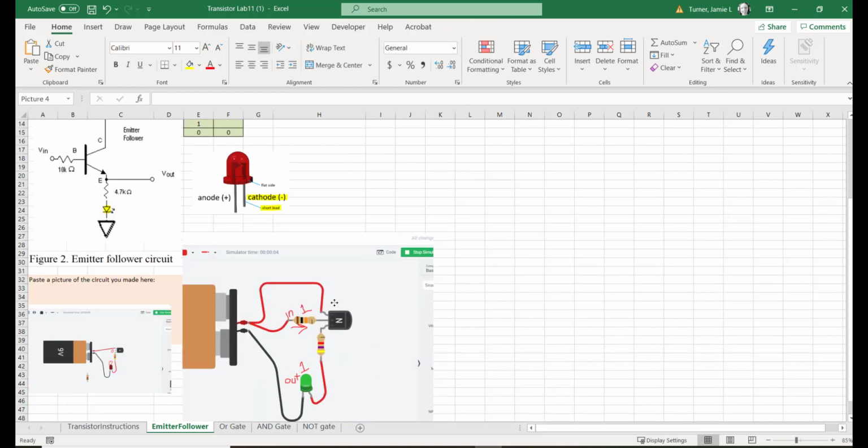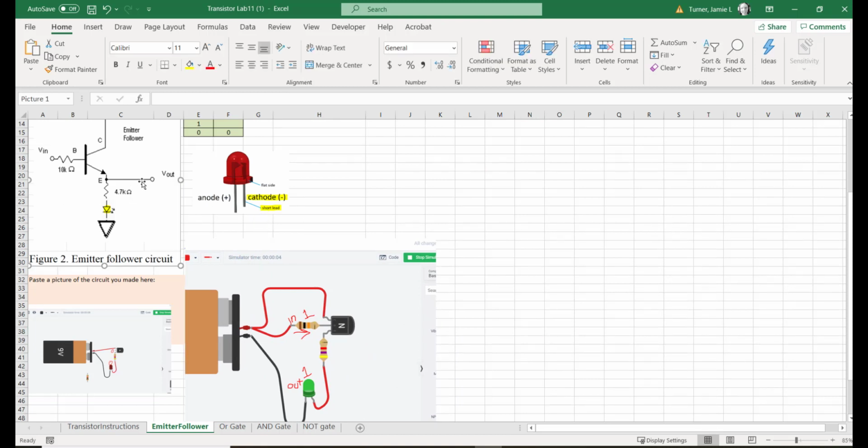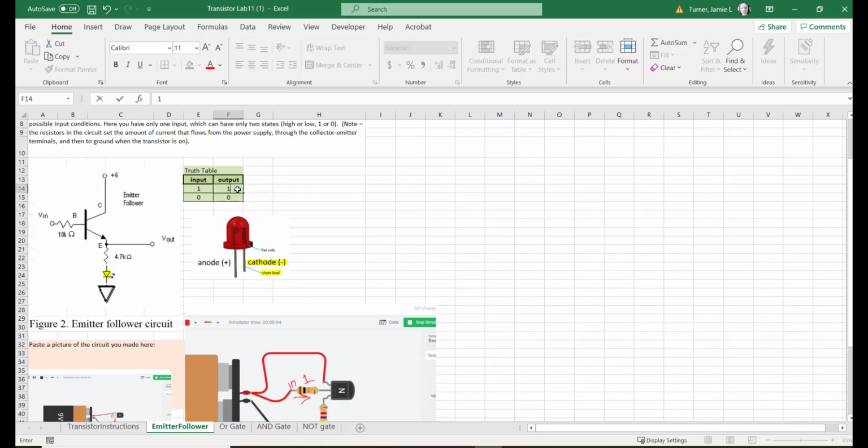Okay, so this is what I would like you to do, is to study the wiring diagram, create the circuits, and then as you create those circuits, you're then going to fill in the truth table. So input, what is coming into the transistor, versus the output, what that LED is showing.